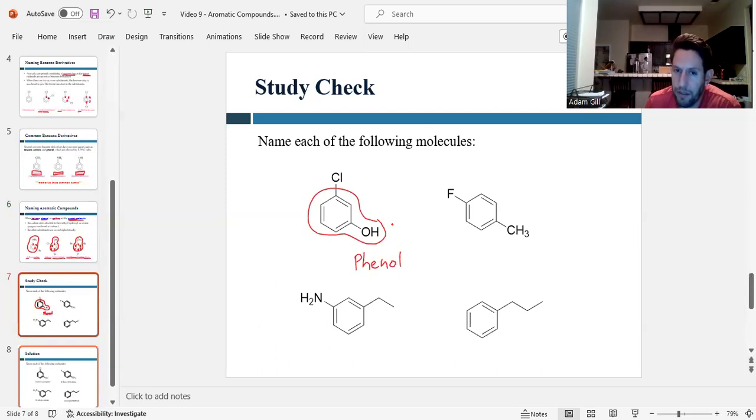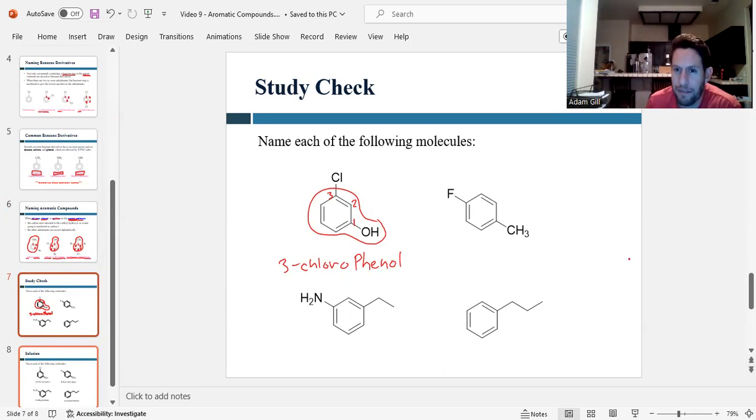And so to number it, that's number 1. This would be 2. This would be 3. This would be 3-chlorophenol. And there shouldn't be a space between those. So let me scoot that over. 3-chlorophenol.